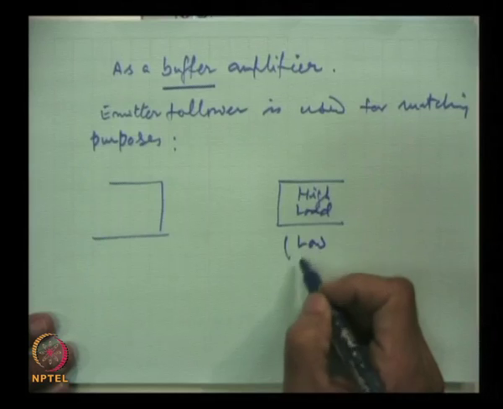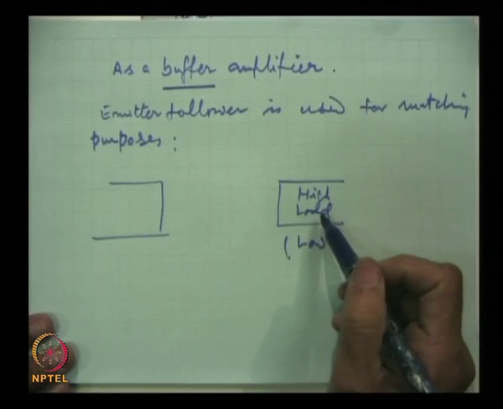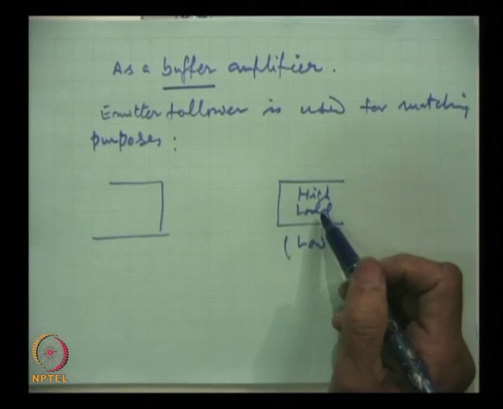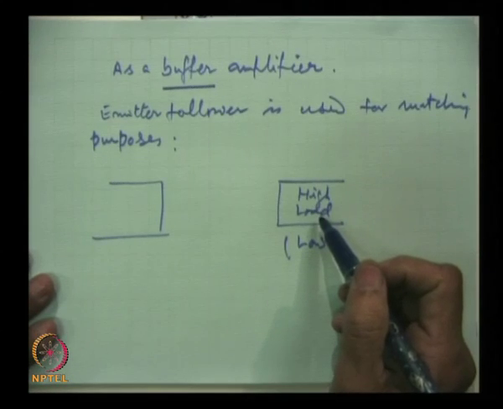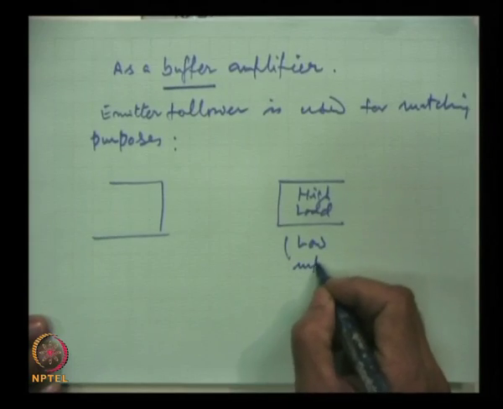Remember, one feels high load means high resistance. No, again I have said earlier also, high load means which takes high power, and which will draw high power or will give you high power when the impedance is very low. So, high load means low impedance.